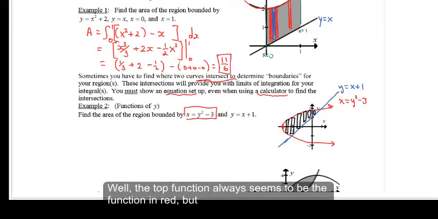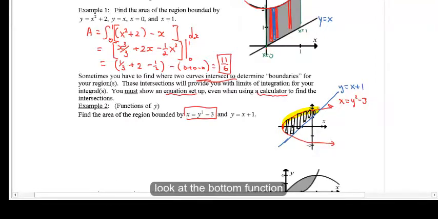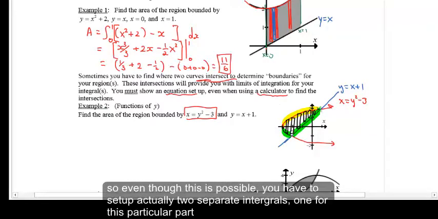Well, the top function always seems to be this function in red. That's great. But look at the bottom function. The bottom function seems to be this part in red, but then it changes to this part in blue. So even though this is possible, you would have to set up actually two separate integrals.